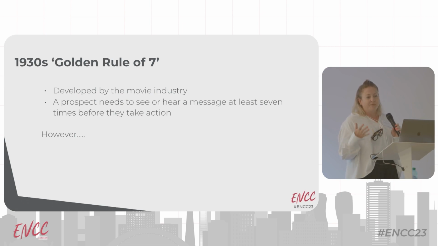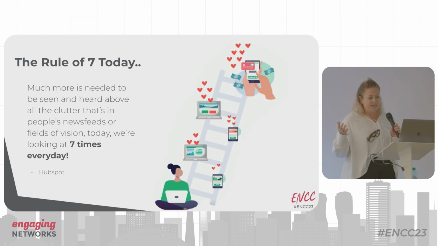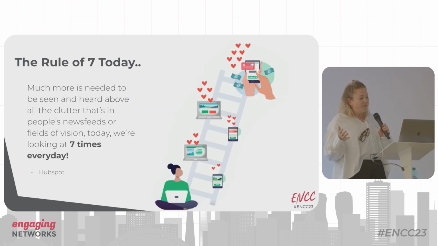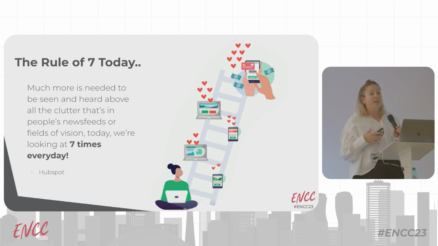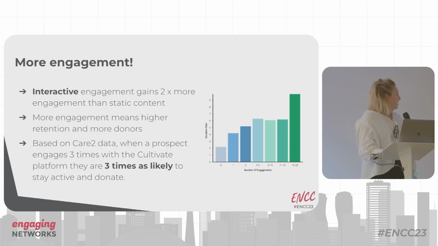If that was developed in the 1930s, think about where we are today. It's completely crowded. Our news feeds, our fields of vision are so much more cluttered. So we're looking at a minimum of 7 times every day for someone to see or hear our message before considering taking action or converting as a prospect or purchasing an item.